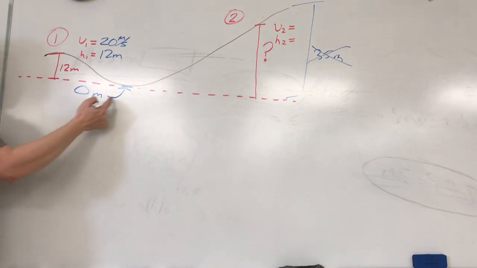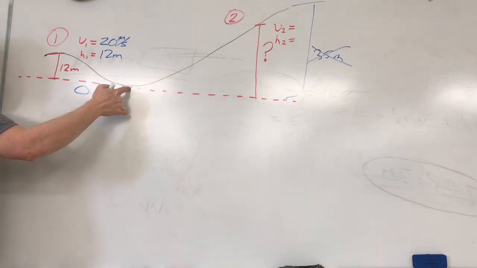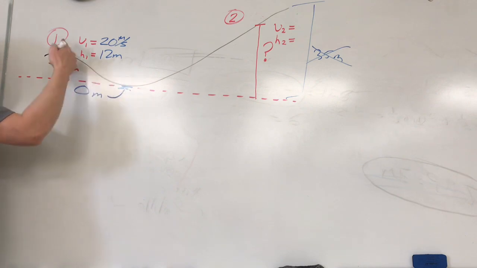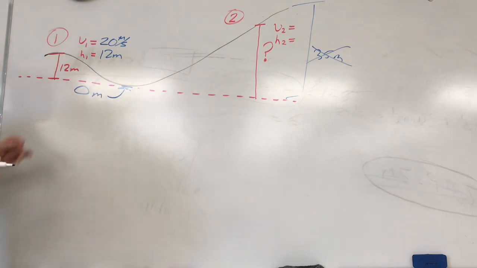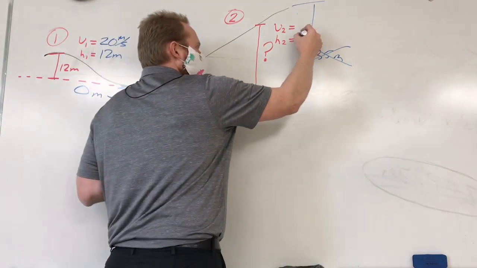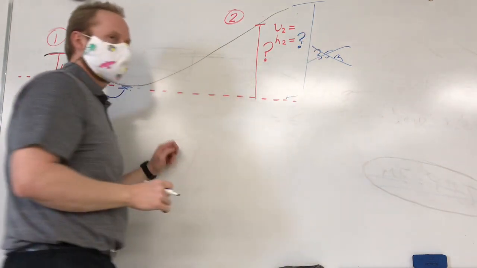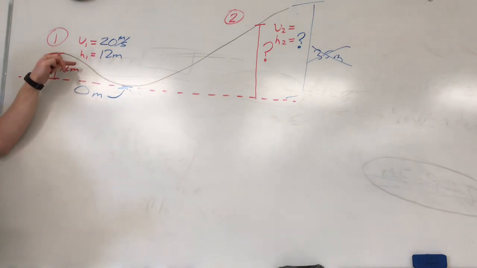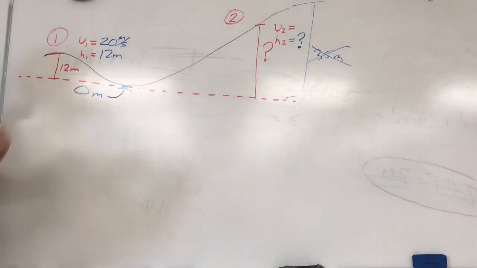That makes a lot of sense, that if we define the lowest point of the hill to be 0, then H1 would be 12. And it makes sense to make the bottom of the hill 0 because I'm trying to figure out how high up the second hill is. I could define this as 0, but then I'd have to add 12 at the end, which is not as nice.